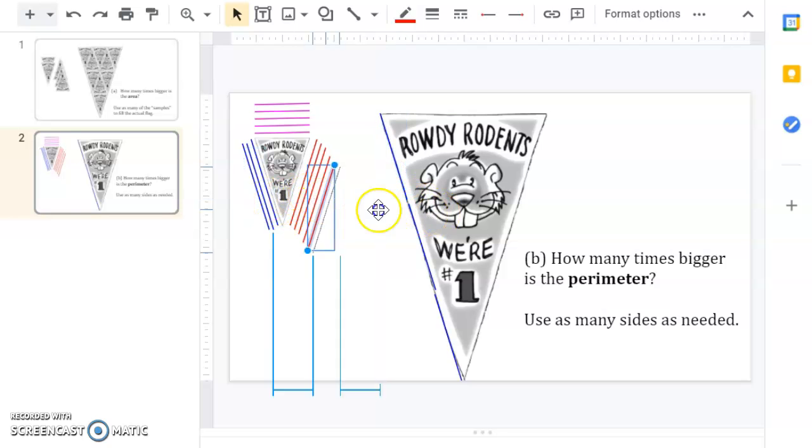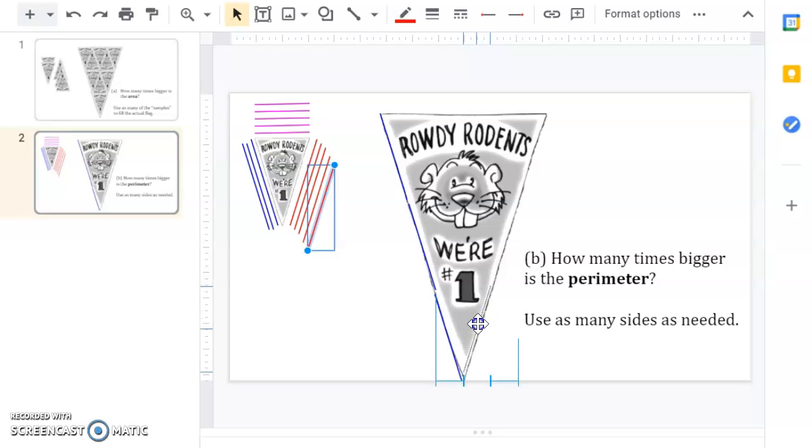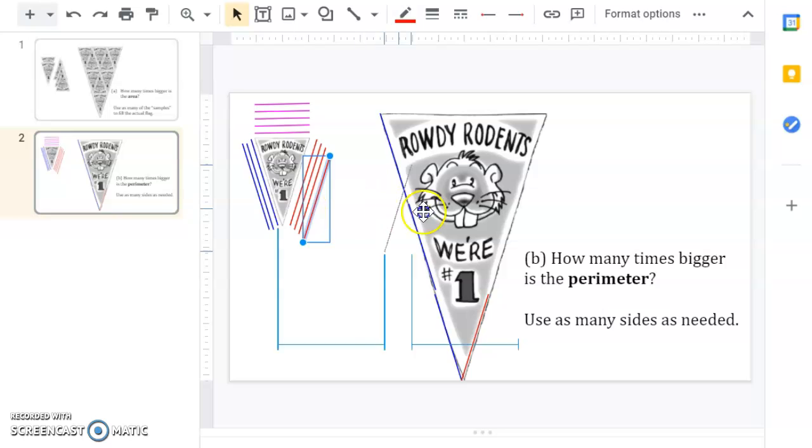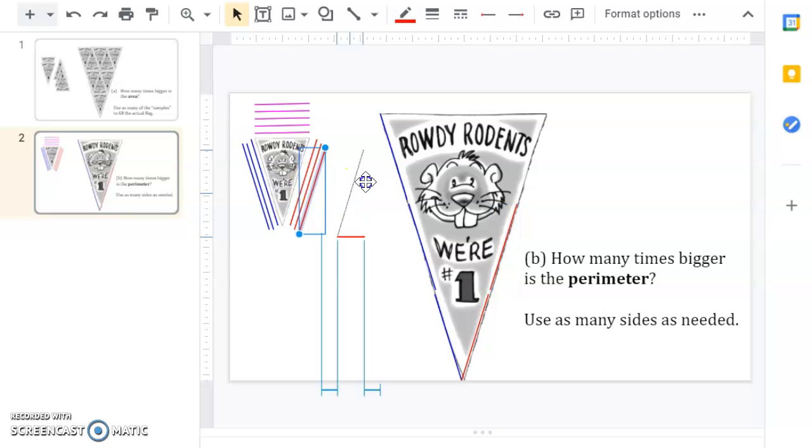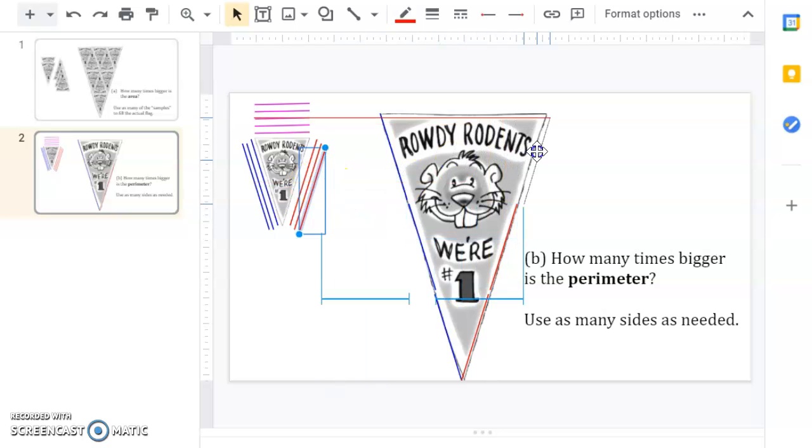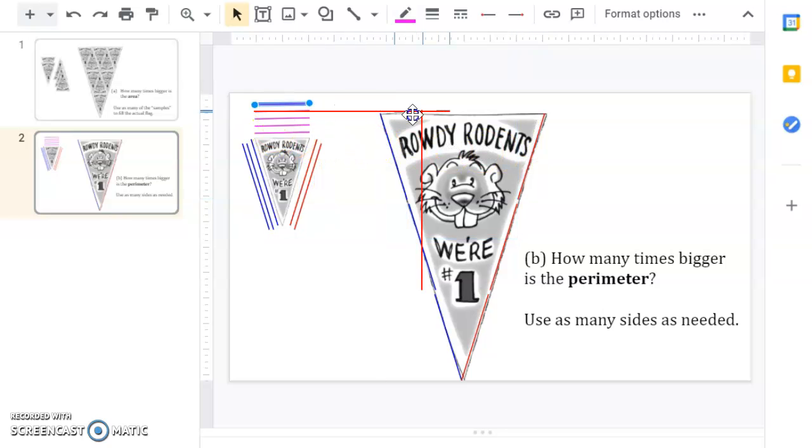And I can do the same thing with the right side length. You should be able to fit 3 of them, because the scale factor was 1 to 3, wasn't it? So this is just a way for you to physically convince yourself that this is true.